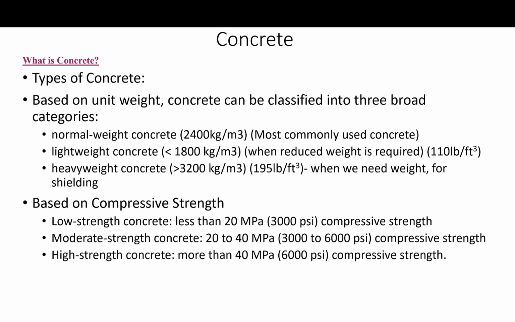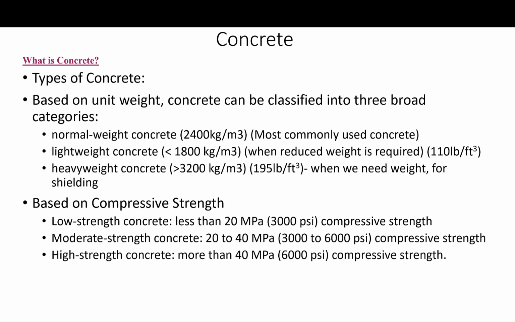This one is used when there is a desire or a need to reduce the weight of certain structures, mostly used in architectural applications. The third one is the heavyweight concrete. It's larger than 3,200 kilogram per cubic meter. This one is used when there is a need for additional weight, maybe for shielding, like in nuclear plant structures, we need this concrete.